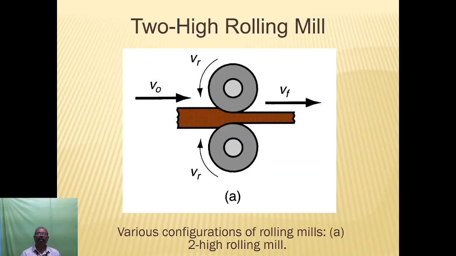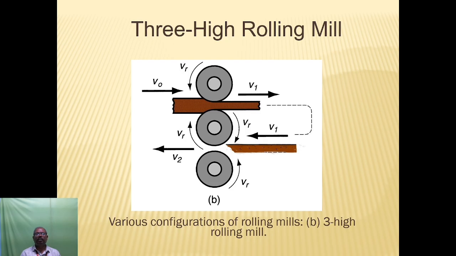So this is a configuration of 2 high rolling mill. There will be 2 rolls, they rotate in opposite directions, and the figure shows the process. So initial velocity, then final velocity of this 2 high rolling mill. This figure shows the 3 high rolling mill. There are 3 rolls.